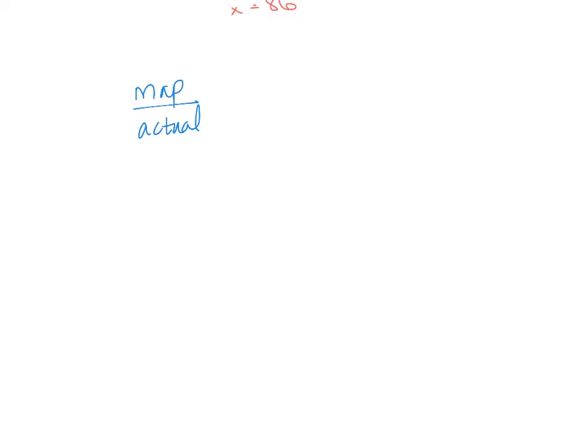On the little map beside our problem, it tells us that 1 inch equals 18 miles. So the map is going to show us 1 inch, and the actual distance of that is 18 miles.